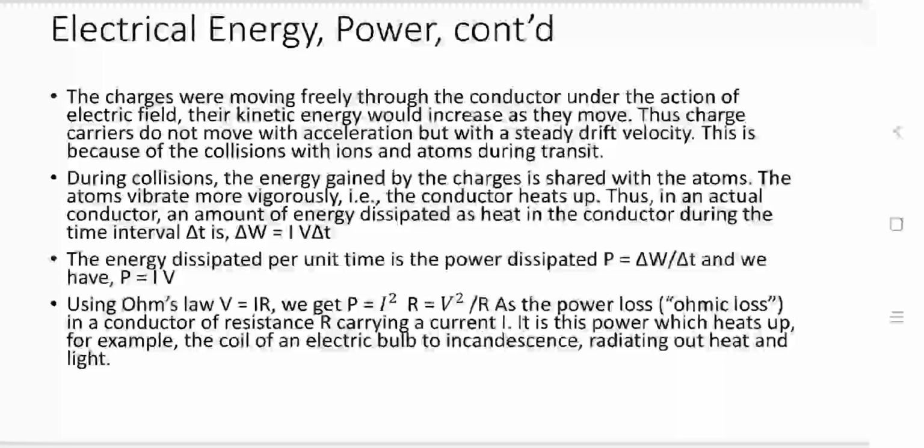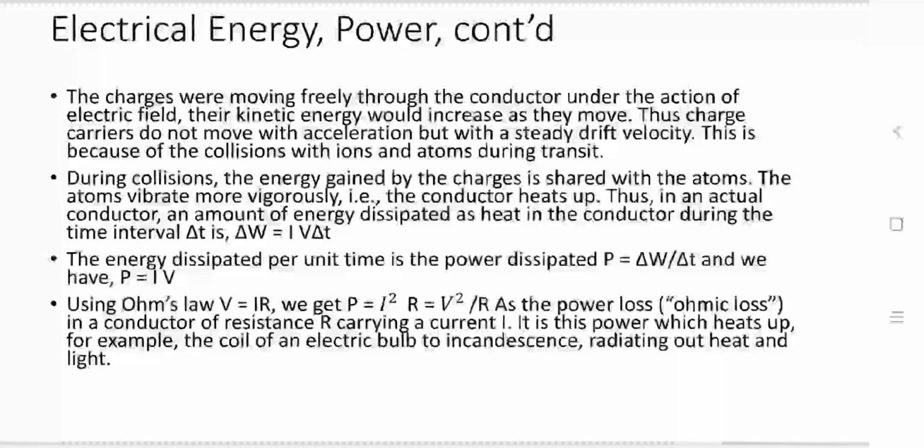Initially they have acceleration, then normal speed, then again acceleration and normal speed. So what we are going to study is their average drift velocity. As the constant electric field is available, they have a steady drift velocity. Now they collide with the ions, so that speed difference is available.